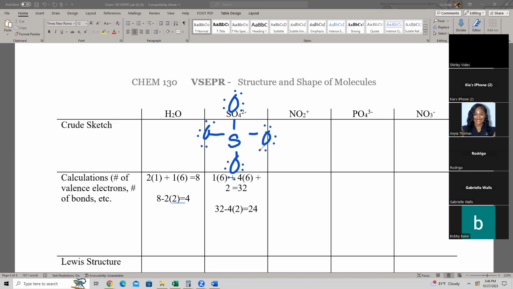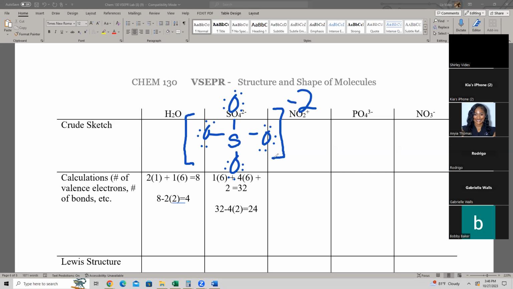So that's it. We ran out. And everybody looks happy to me because sulfur has 4 bonds, which means it has 8 electrons around it. And oxygen has its 6 electrons plus the bond makes 8. So everybody's happy. The only thing is we need to indicate the charge, right? That's the one thing we haven't done. And just put the -2 on there. And there you go. There's your Lewis structure.